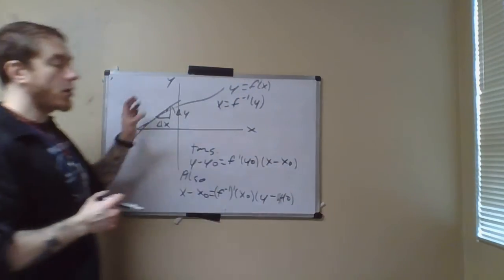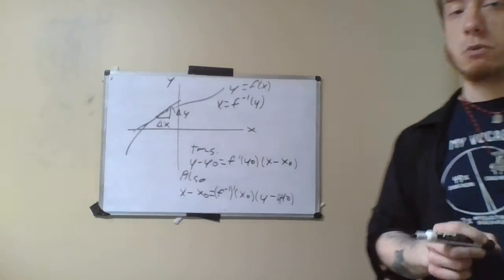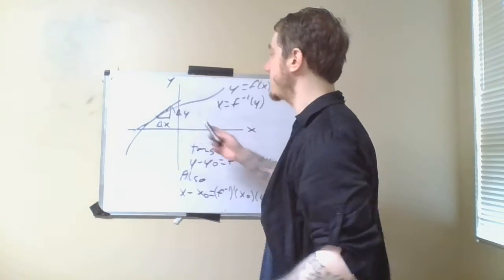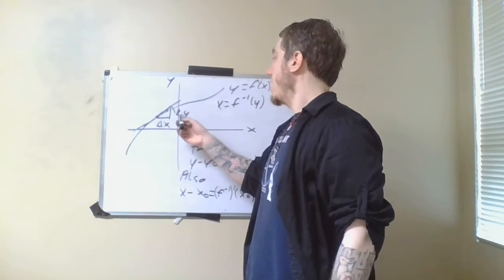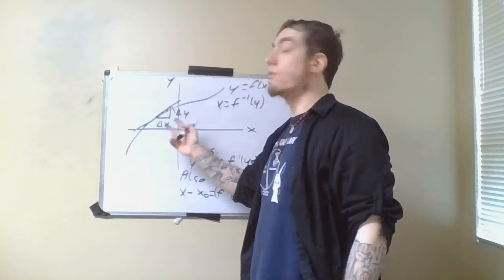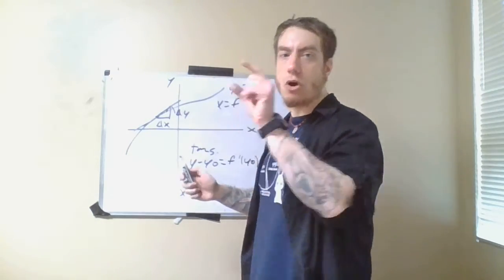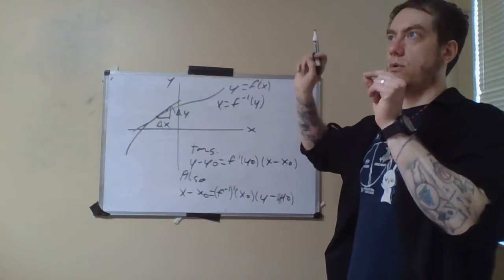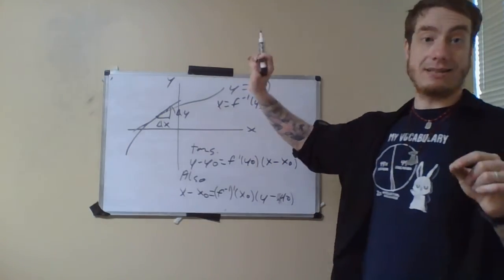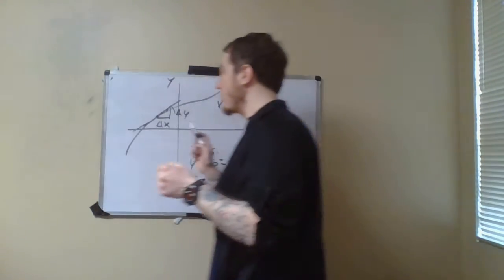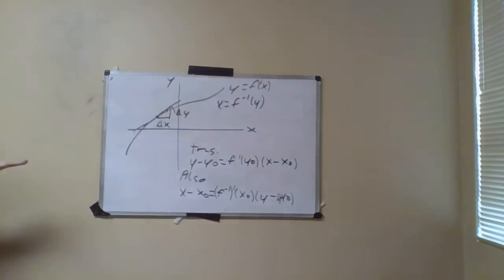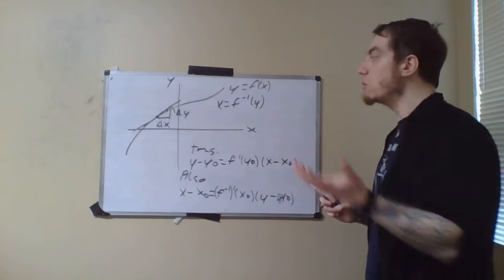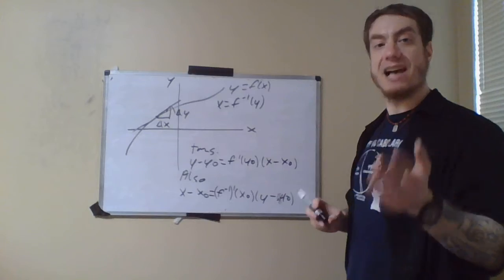And so this argument shows us geometrically what's going on. It also shows us why this should be differentiable. The idea is that if I can take the limit of delta y over delta x, then as long as delta y isn't 0 as we take delta x down to 0, as long as it's just approaching 0, then when we flip it over and take the limit, we should just get the reciprocal of that limit.